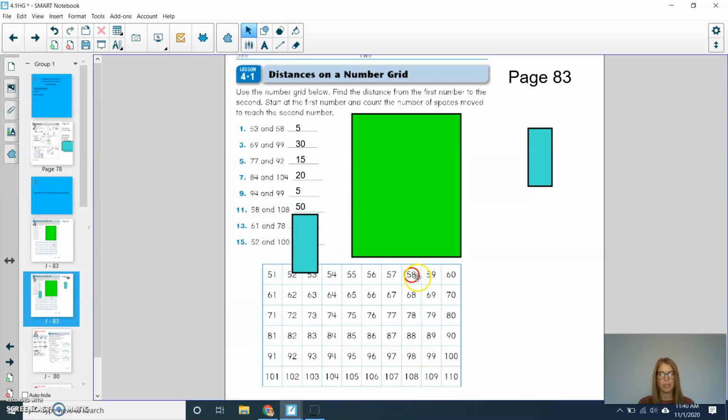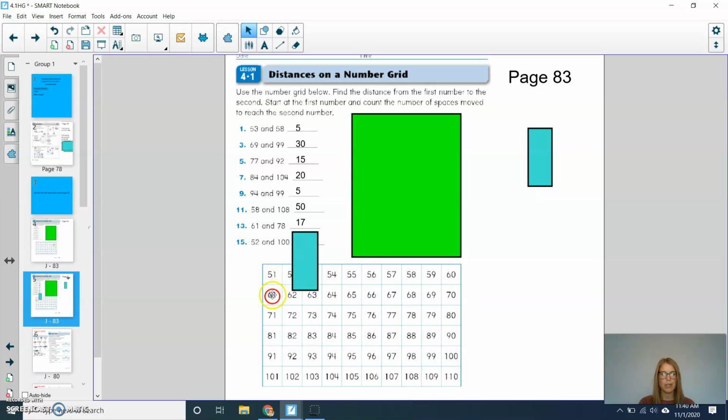To go from 61 to 78, I'm going to start counting by tens. So I'm going to drop down to 71, count by tens, and then I'm going to start counting by ones. So 10, 11, 12, 13, 14, 15, 16, 17.